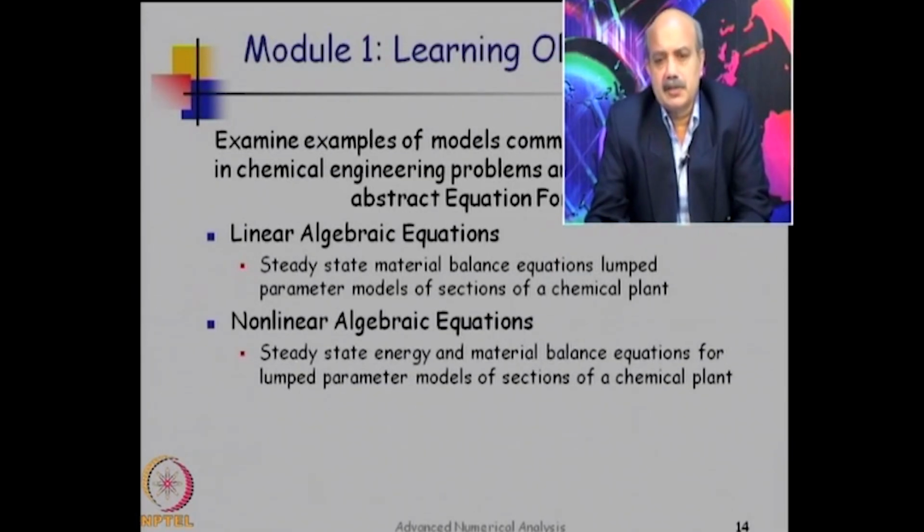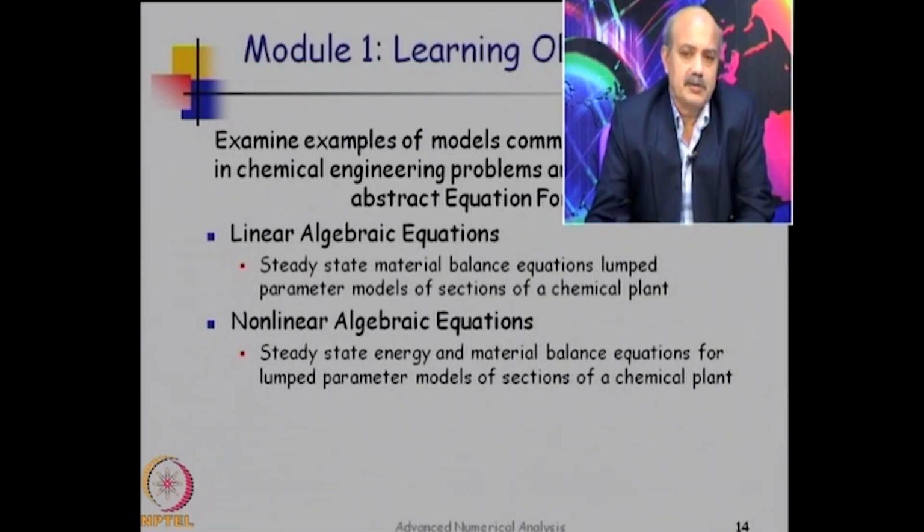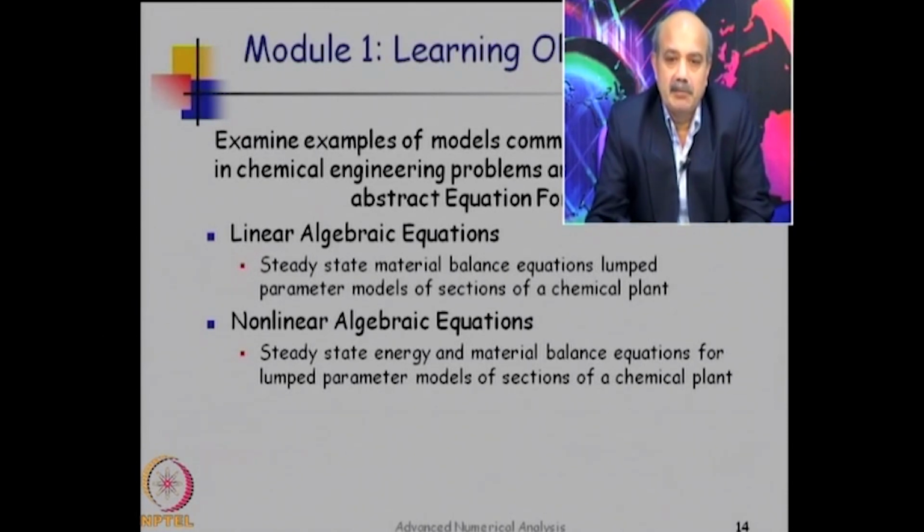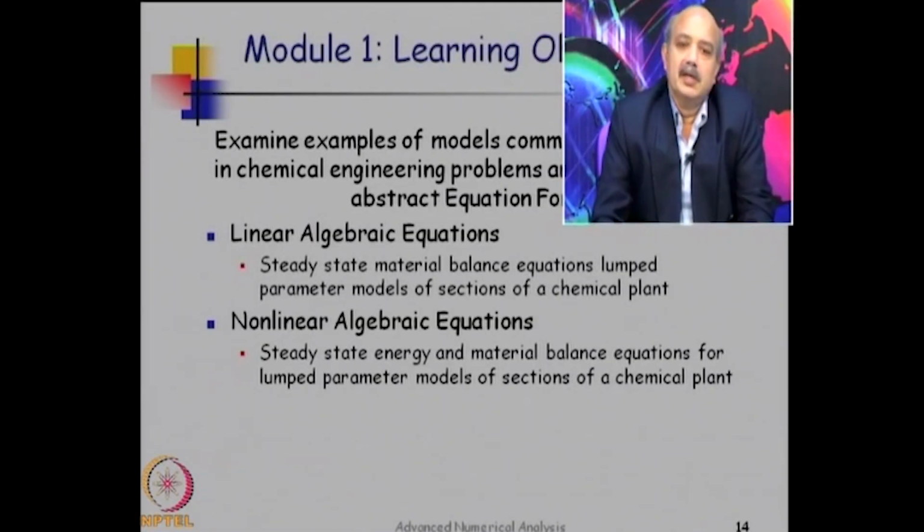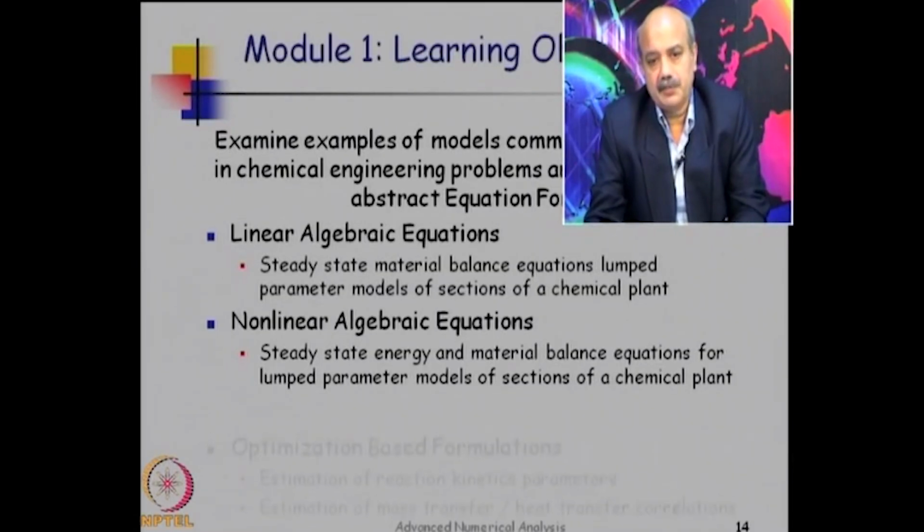Nonlinear algebraic equations you must have studied in your third year, in mass transfer, heat transfer or unit operation courses, where we encounter models which come through energy and material balance for one unit or a section of a plant consisting of multiple units, and these give rise to nonlinear algebraic equations.